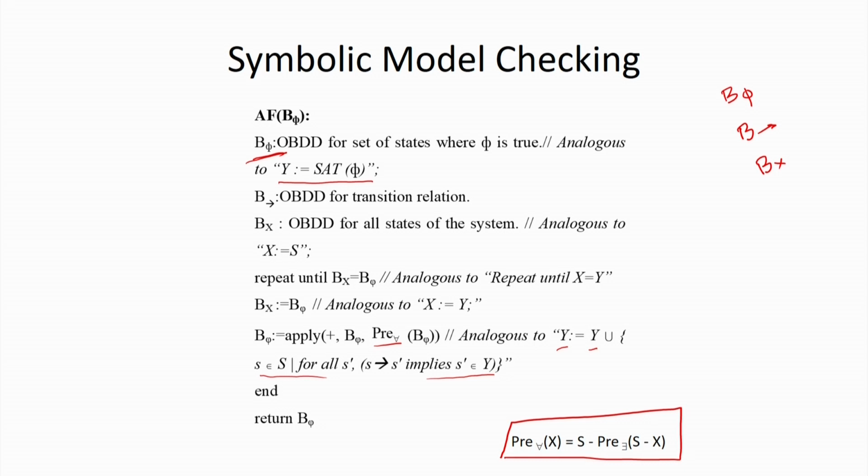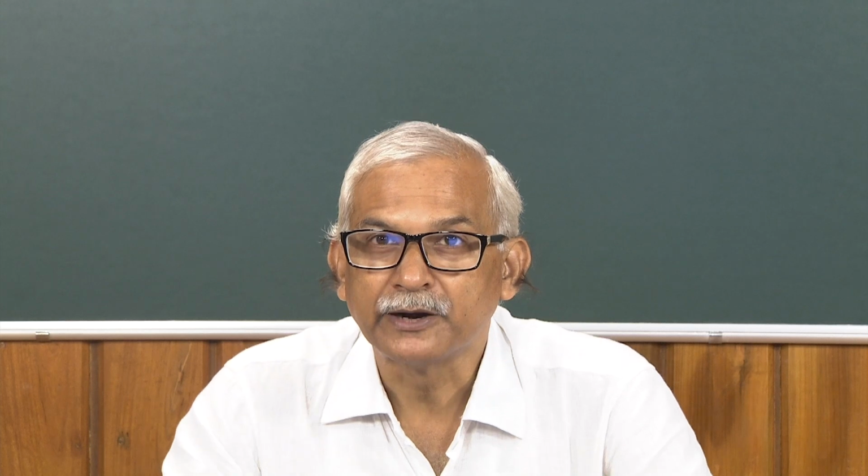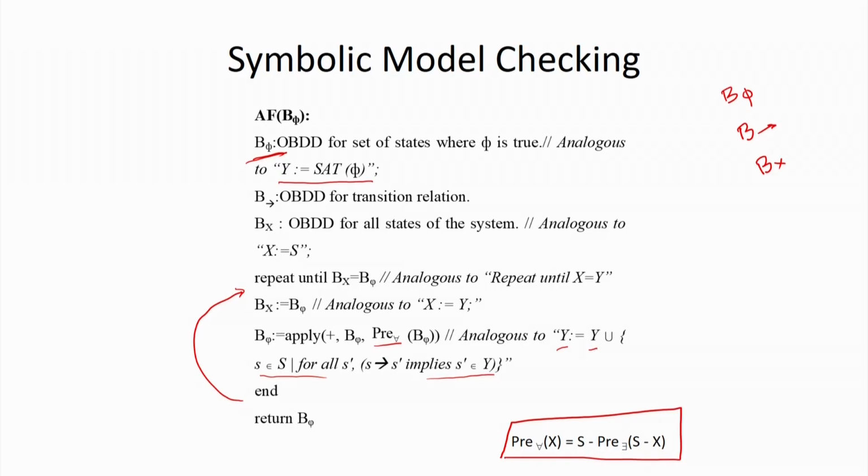Here, plus denotes the union. So, we have used the apply algorithm to get the union of these things, and we are going to repeat it until the previous set of states is equal to the set of states that we get after this iteration. Once these two BDDs become equal, that means we are not adding any more new states, so we terminate, and finally we return this B phi.